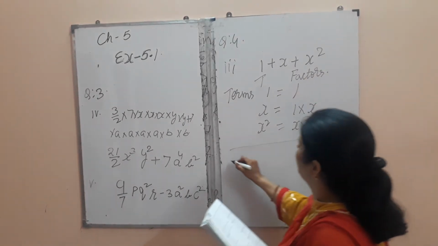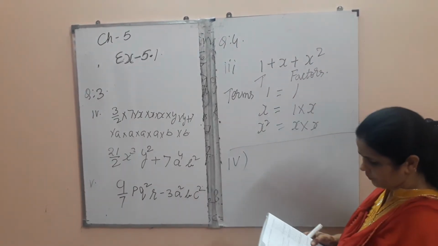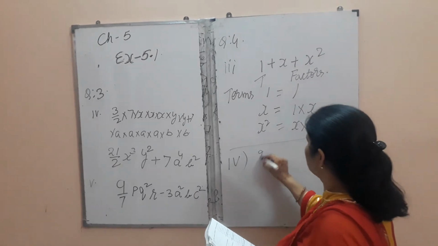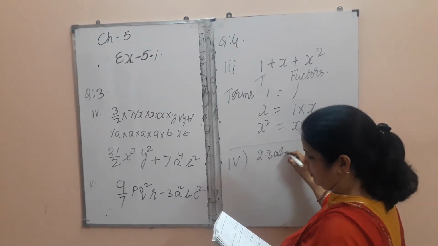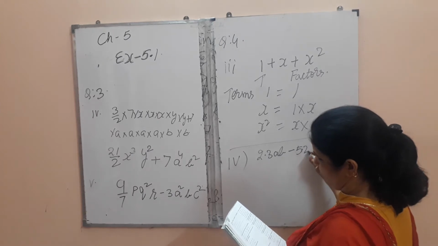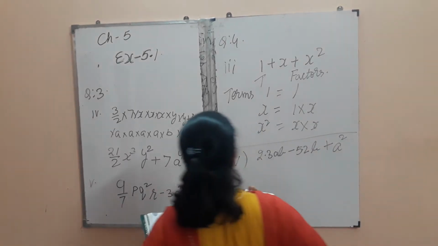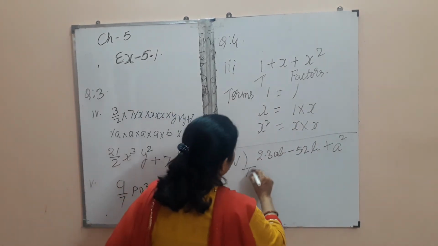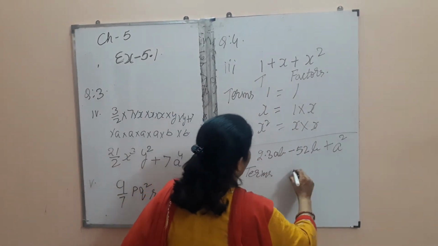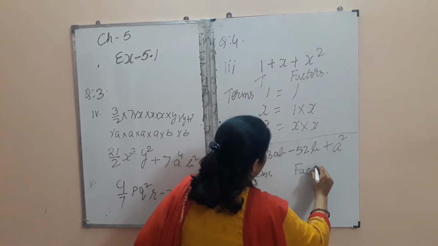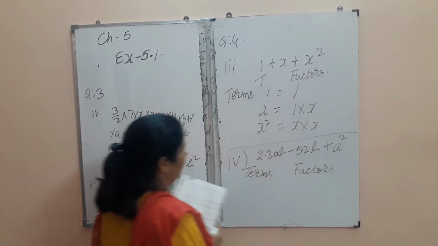Understood? Question number 4 again I am solving. 2.3 AB minus 5.2 B plus A square. So 2.3 AB. Terms are and factors. Like this you will do in the copy also.